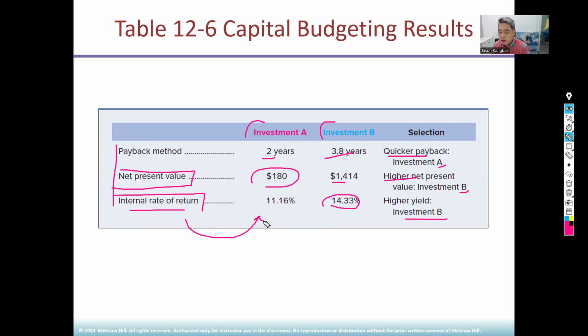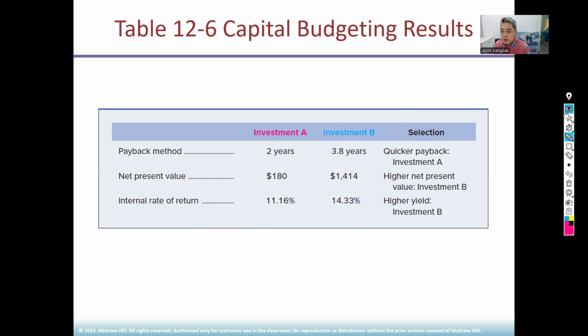We use 10% here, right? Was it proper or not, depending on. So we look at both the net present value and the IRR, but anything above 10%, which is our discount rate, I would say will be a good business. And rightfully so, because you would see 1,414 as a net present value.